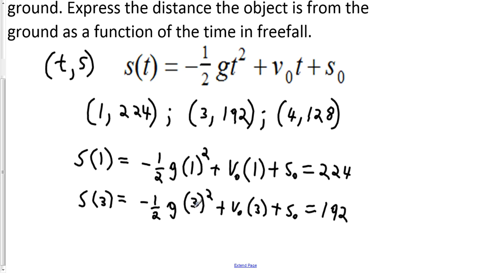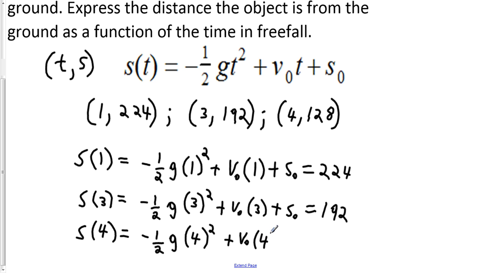And then the last one here is the s of 4. s of 4 is equal to negative 1 half times g. And then for t, we're going to plug in 4. So I get 4 squared plus v naught, v sub 0, times 4 plus s naught. And after 4 seconds, the height of this thing above the ground is 128 feet.